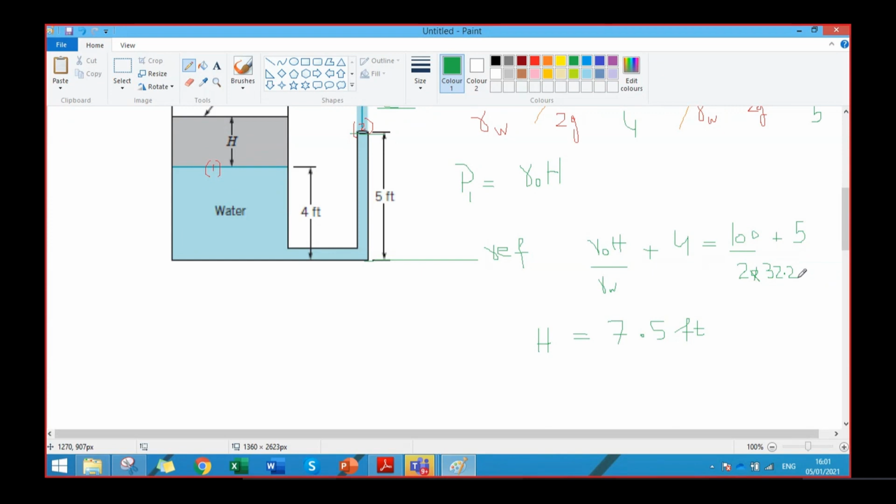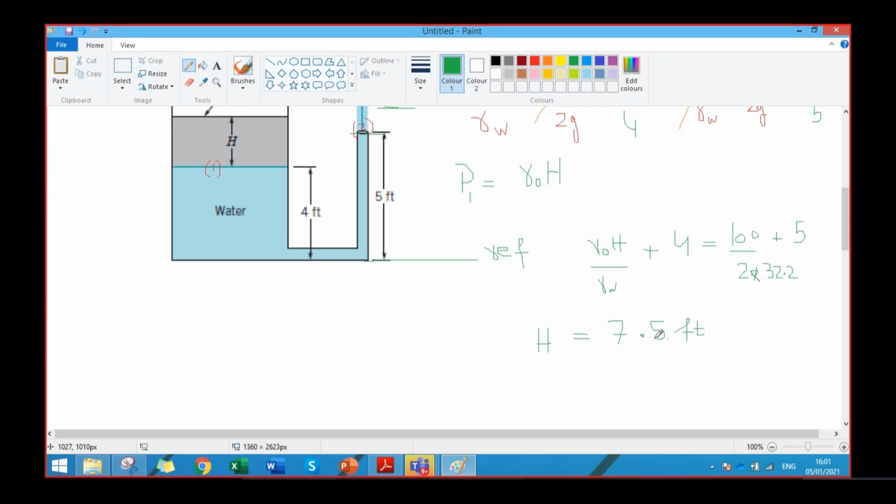What's your answer? Is it 5.12? Sir, 3.17. 3.17. No, it should be 5.11. 100 divided by 2 into 32.2, plus 5 minus 4, and then we'll have 2.55 into 62.4 divided by 50, which gives 3.18 feet, right?